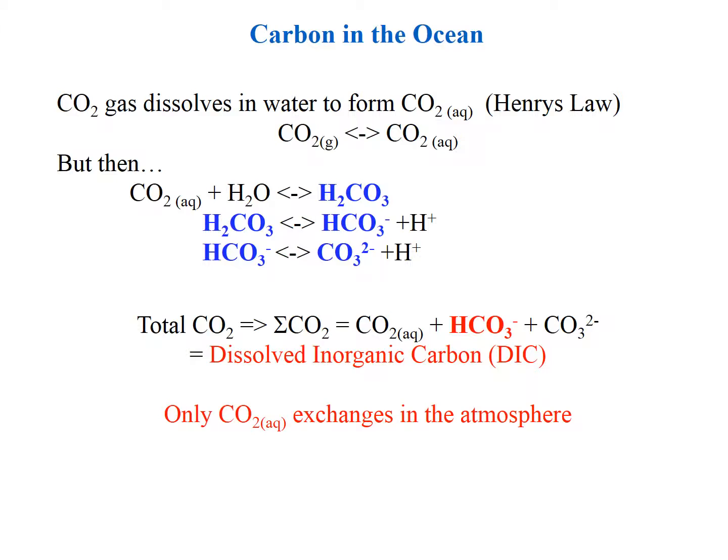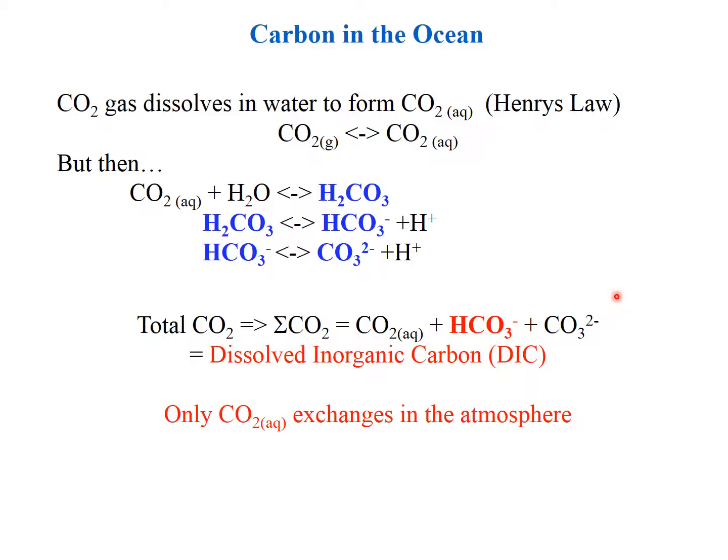Okay. So because only this CO2 can exchange with the atmosphere, if we can change the relative proportions of aqueous CO2 to bicarbonate to carbonate, that means that we can change what the atmospheric CO2 concentration is.